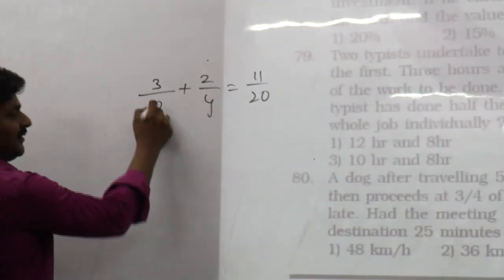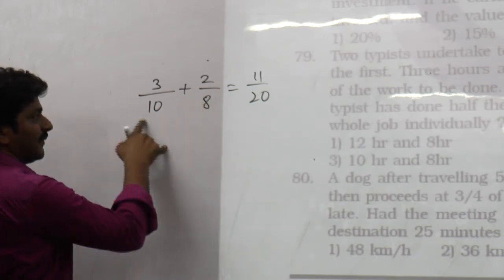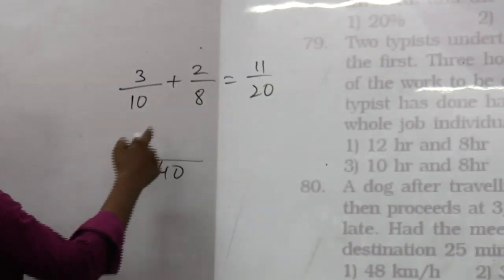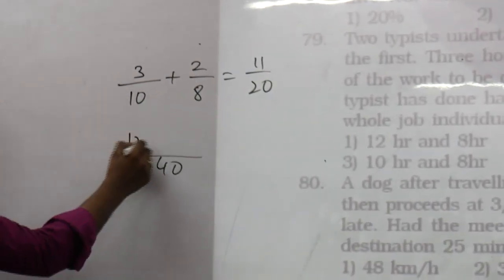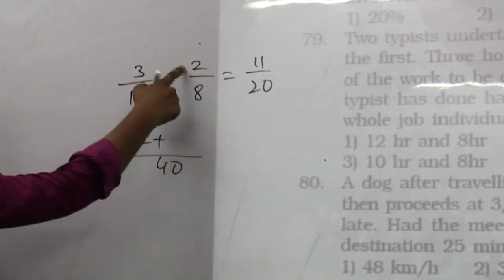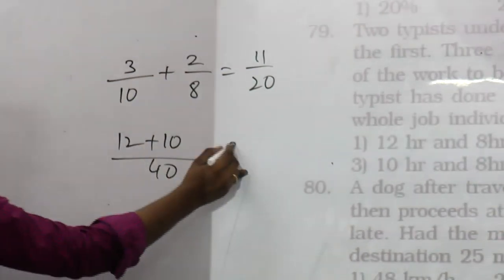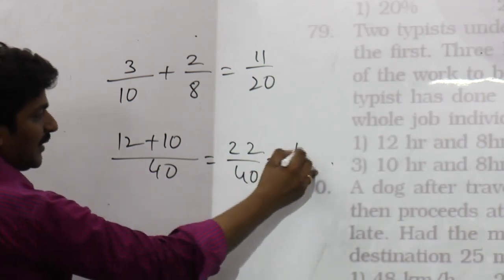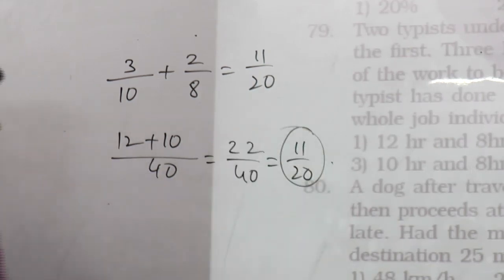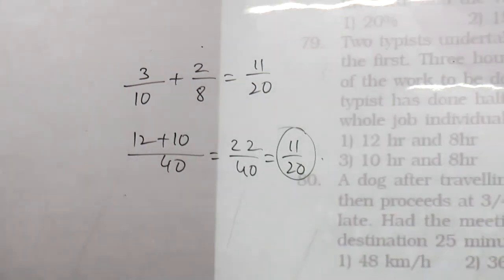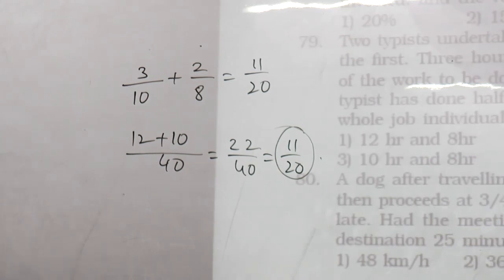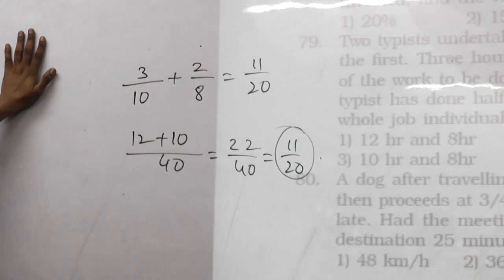If X is 10 and Y is 8, LCM 40, 10 4 times 4 3 is 12, 5 times 5 2 is 10, that is 22 by 40 is equal to 11 by 20. Satisfied, X is equal to 10, Y is equal to 8. But here you need to go for answer to question verification. If that option is there in fifth option, you will be screwed up.